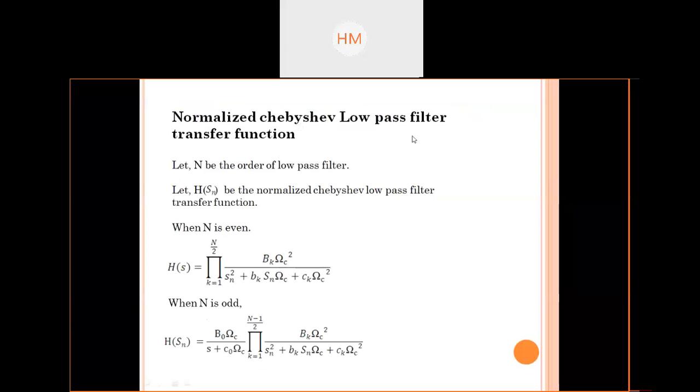Normalized Chebyshev low pass filter transfer function. Now we are studying the transfer function of the Chebyshev filter. The transfer function equation is given for n even and for n odd. You can write it in your copy. Finish writing down.